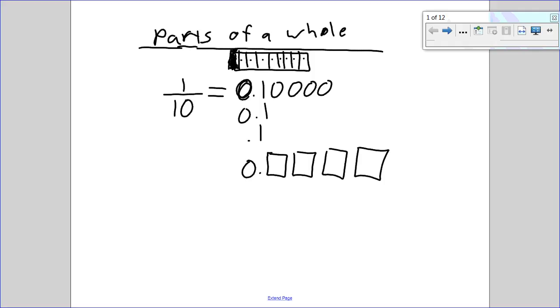This one tells you how many 1/10 you have. This one tells you how many 1/100 you have. This one tells you how many 1/1000 you have, and this one would tell you how many 1/10,000 you have.